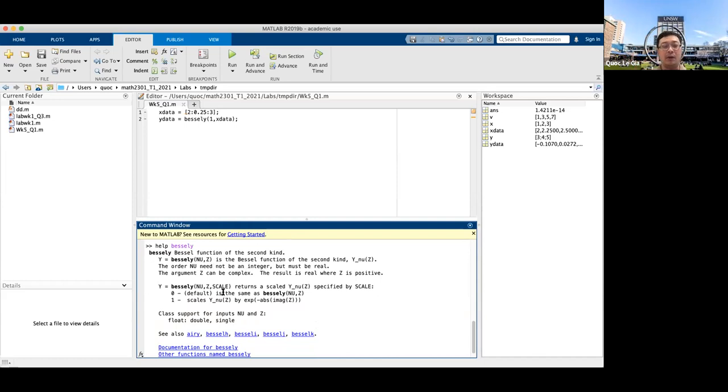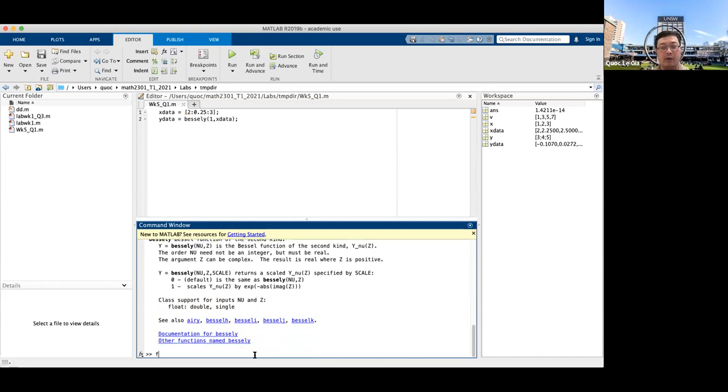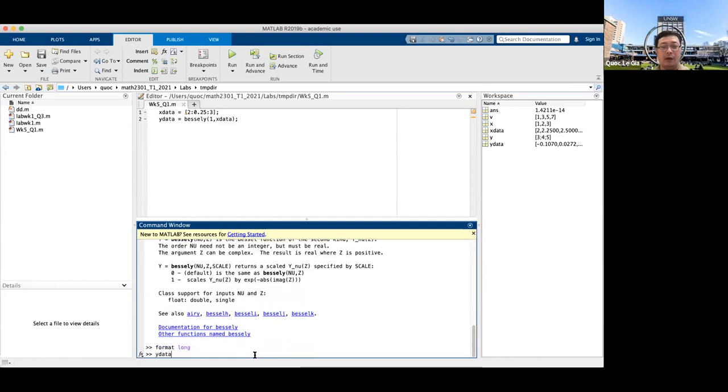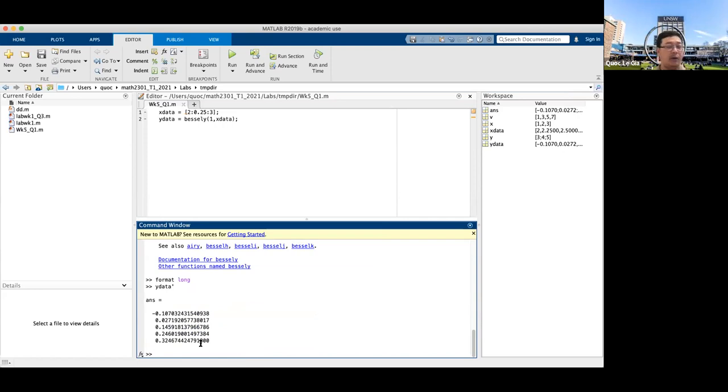Now if I put in y data, you can see that it is identical to the column in the question, exactly what is in the right column of the question. Maybe only the last few digits are different, because for this function we have no exact formula, so there is some approximation.